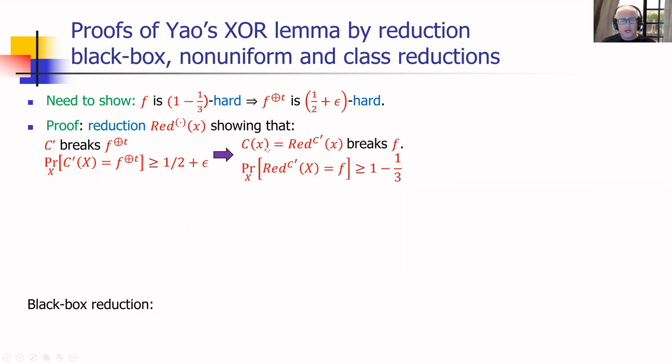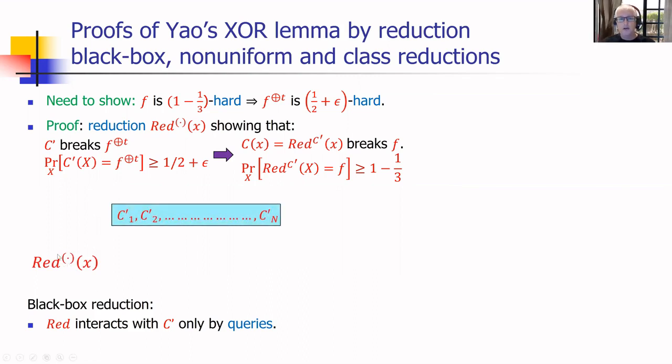When I say that a reduction is black box, I mean two things. The first thing is that the way that red interacts with its oracle is only using queries. More specifically, here is the reduction red, and here I wrote down the truth table of the oracle C prime. This is the exponentially long truth table.